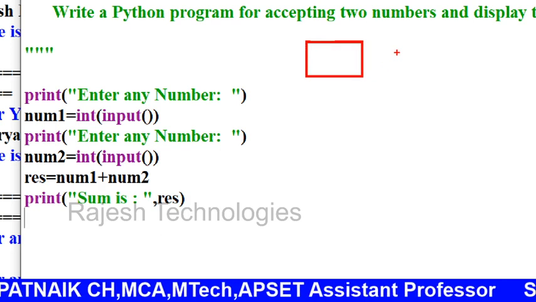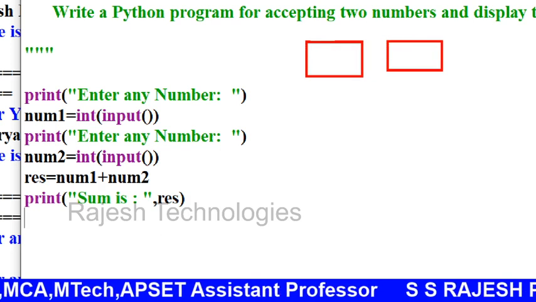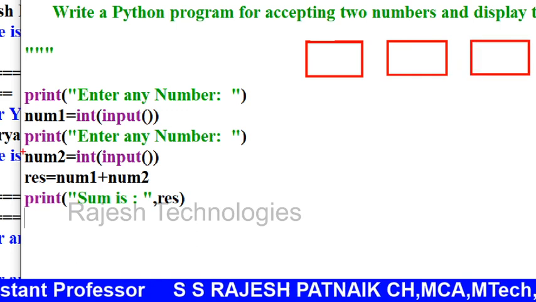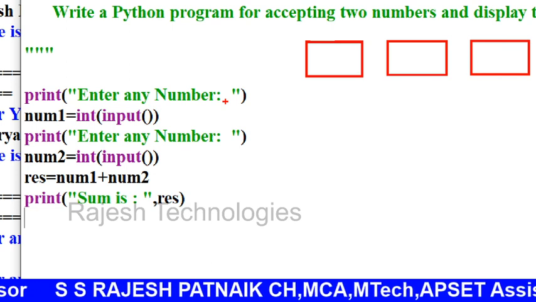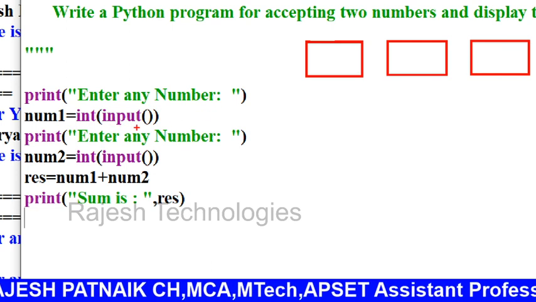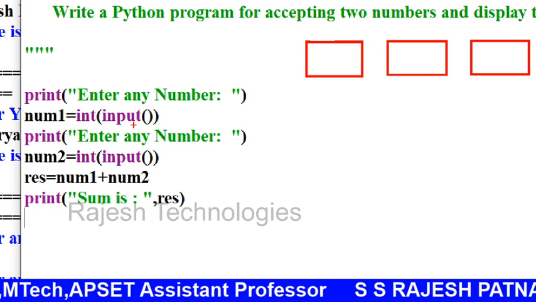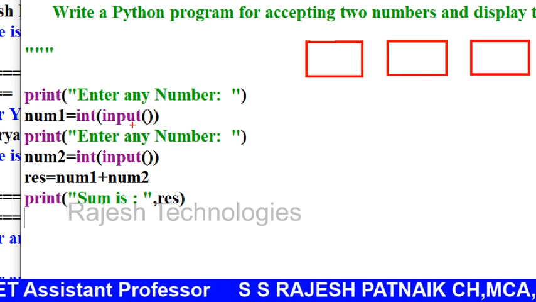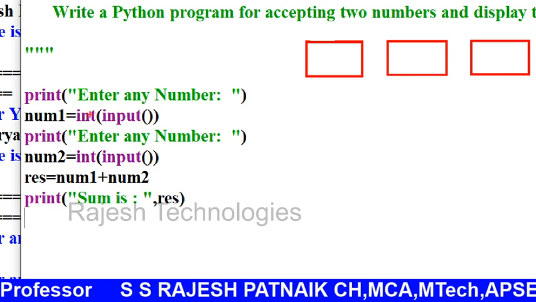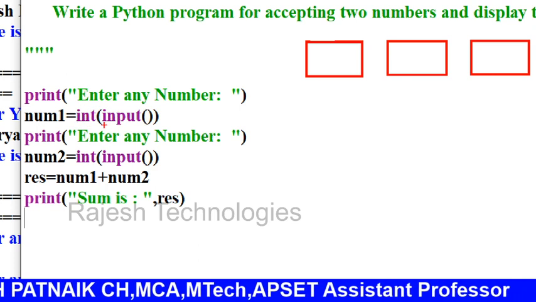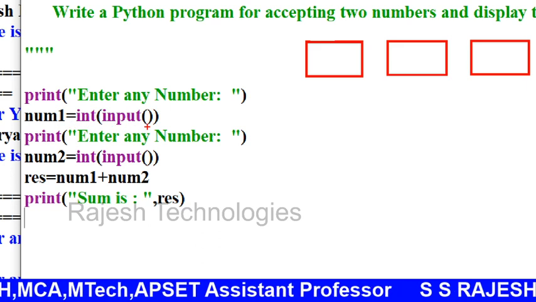Num1 is one memory, num2 is one memory, and result is another memory. So whatever number you entered, input is going to take some number, but it may be raw characters. That means it is a string. So we need to convert into the integer because it is a number.